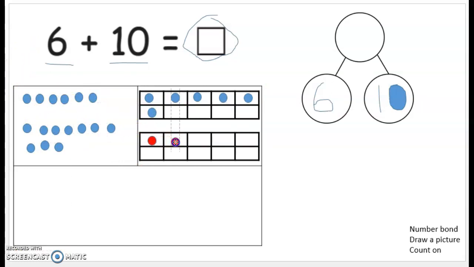And when the kids see that the 10 frame is full, they know that they have 10. When we use the 10 frames, we encourage the kids to use different colors or different shapes. So I could use circles and X's. I could use circles, or I could color in those circles.